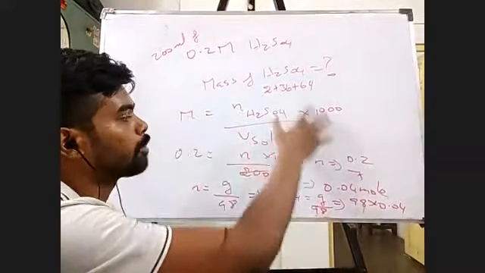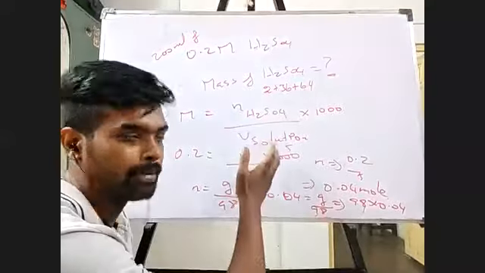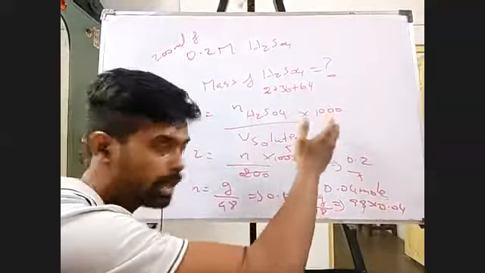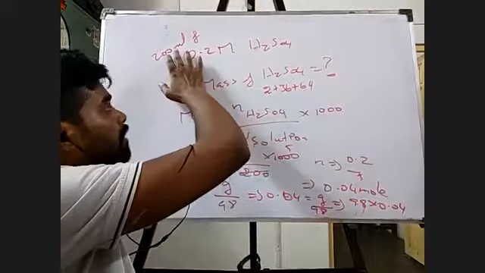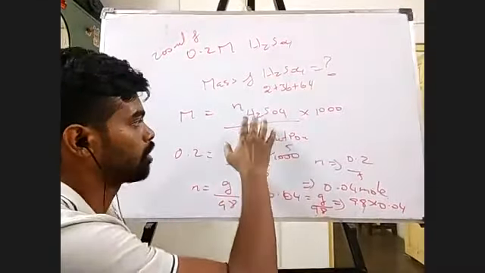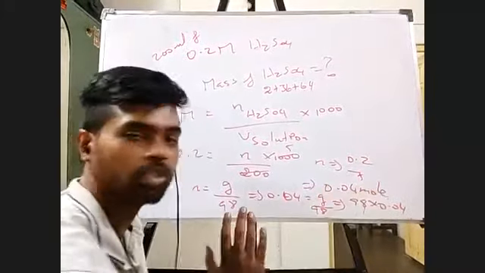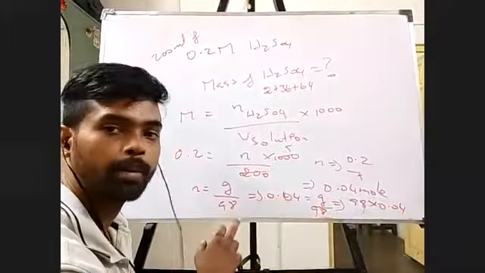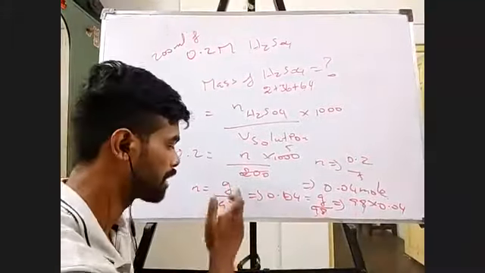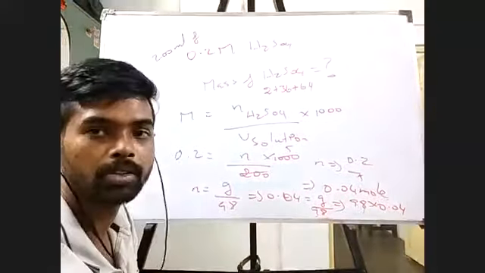From the formula for molarity, the number of moles of solute divided by the volume of solution, multiplied by 1000, because the volume is given in ml. I substituted and got the number of moles as 0.04. Then, using the formula for number of moles in terms of mass, given mass by molecular mass, which is 98, the answer is 98 into 0.04.